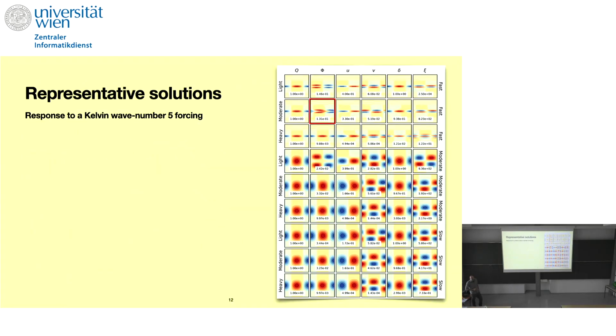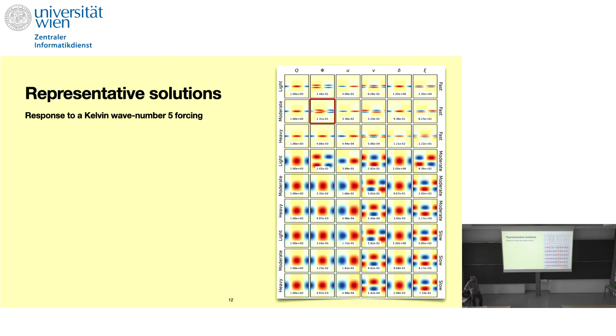So let's look at some representative solutions. There is a lot going on here, and so I'll guide you through. The different rows correspond to the 9 samples we have, where the damping coefficient is on the left here, and the rotation rate is on the right here.